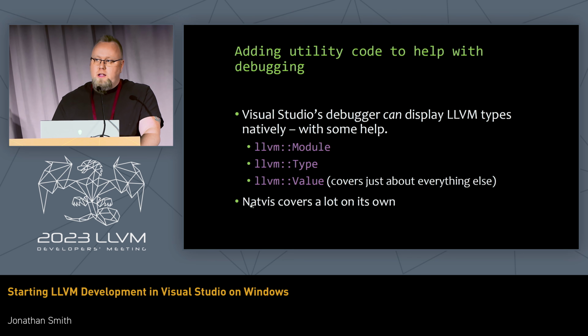But they can't run functions. So in order to get around that, we write functions that actually print these out as strings, and then they show up because the debugger knows how to display std::string or const char star. You can see them in the visualization for the debugger directly.